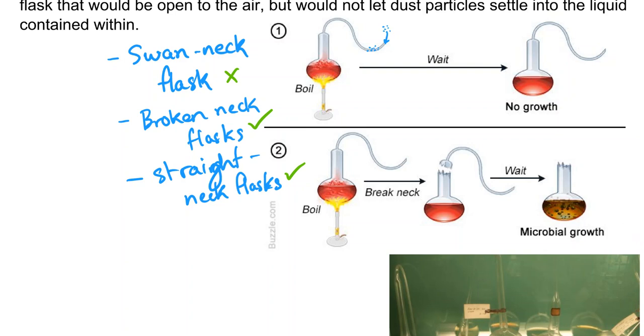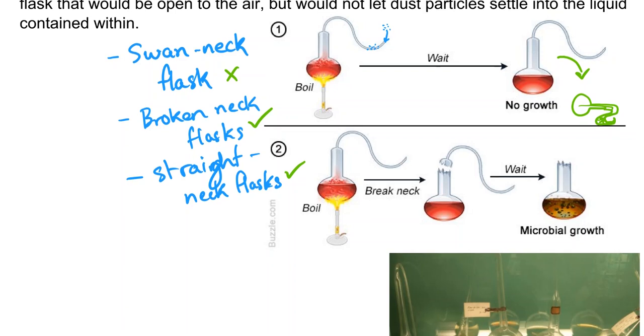He would take this flask and rotate it so that the liquid could flow down into this bend, and then he would tilt it back. And as soon as he did that, he started seeing microbial growth. So it was the interaction between the liquid and the dust particles in the swan neck flask.